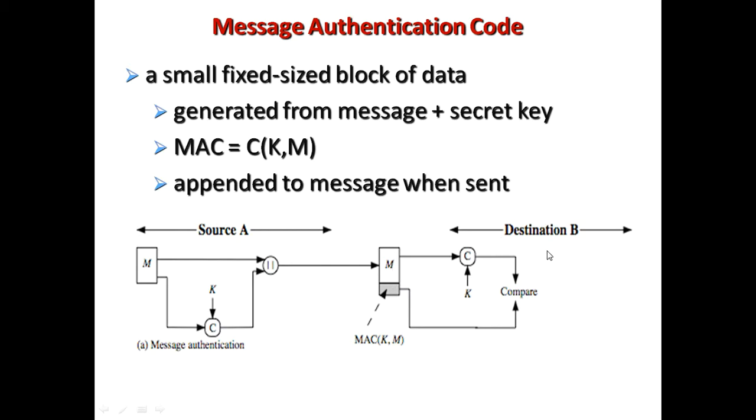What is the job of the destination now? It computes the MAC code from the received message, applying the same MAC algorithm using the secret key, and computes the new MAC code at the destination.